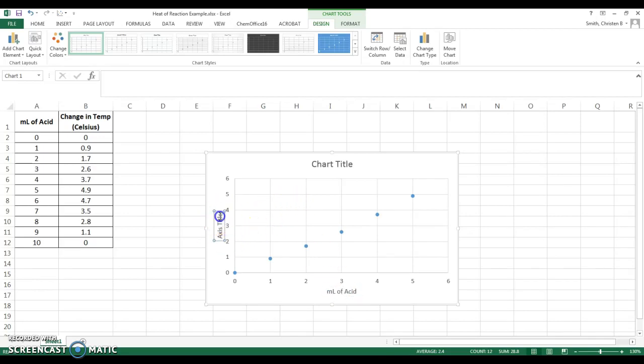My vertical axis here is looking at that change in temperature. And this is in degrees Celsius, and if you just want to do a capital C here, that's fine with me. I know it's difficult to make that degree symbol in Microsoft Excel. And then for the chart title here, I'm going to give it the experiment title, the heat of reaction.